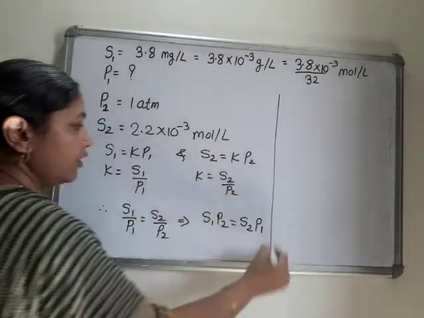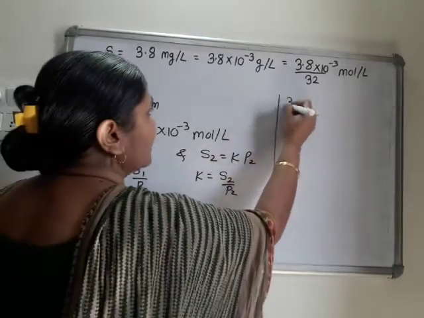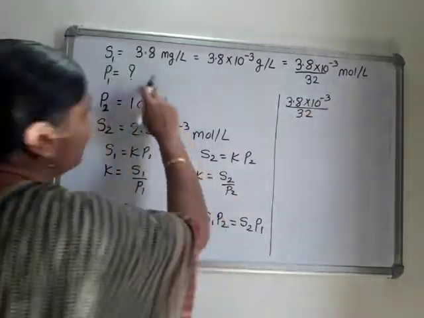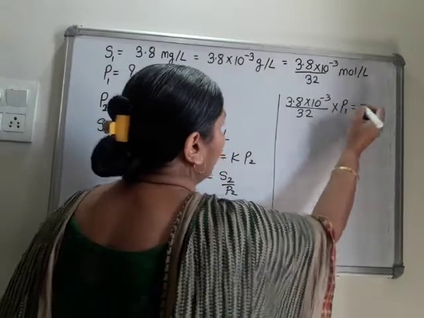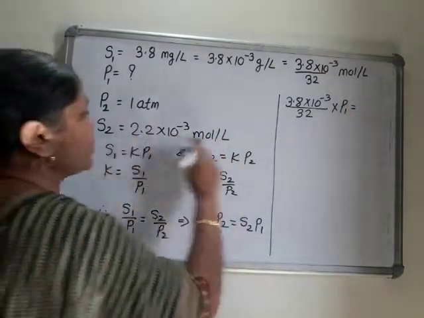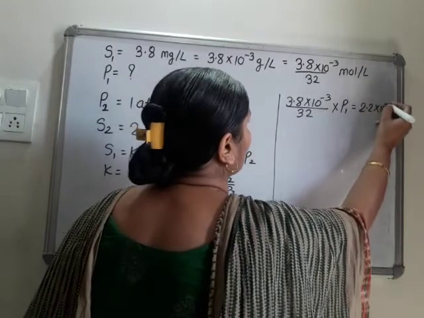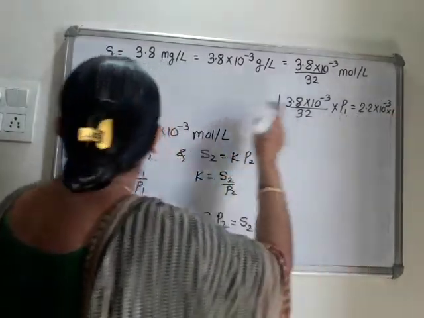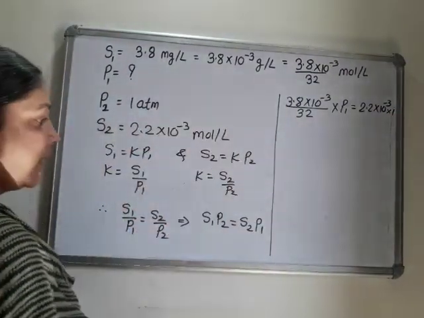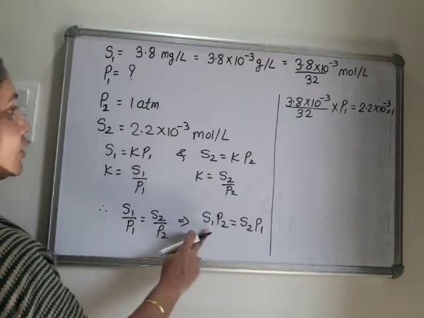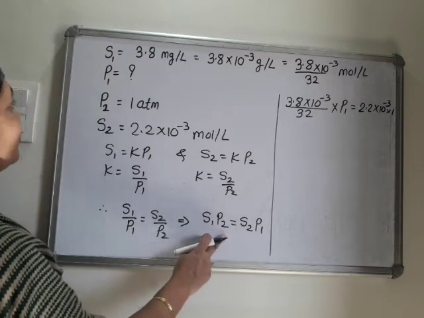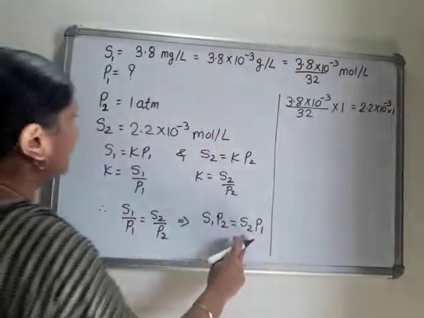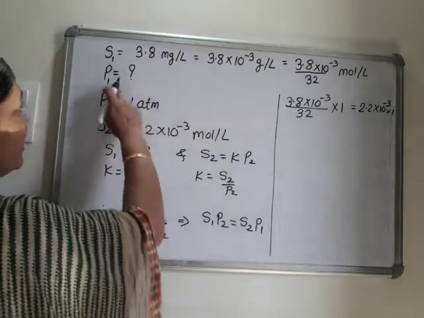Now put the values. S1 is 3.8 into 10 raised to minus 3 upon 32. We have to find the value of P1. S2 is 2.2 into 10 raised to minus 3. P2 is 1. S1 into P2 is equal to S2 into P1, and P1 we have to find.